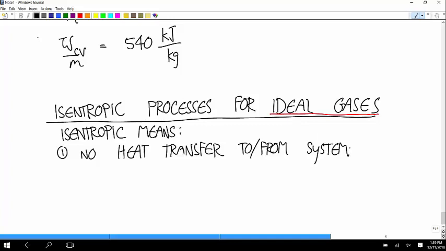What's the word for no heat transfer? Adiabatic. And it also requires that the process is internally reversible.